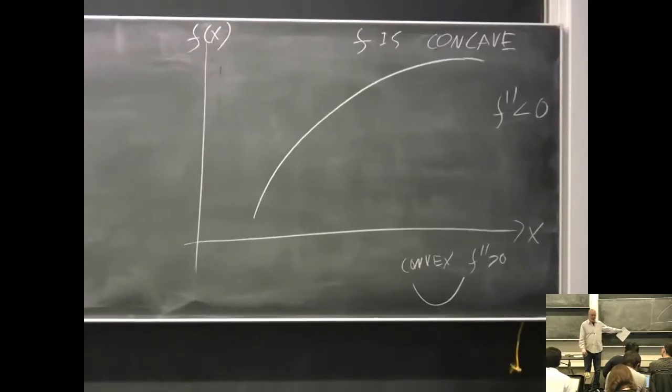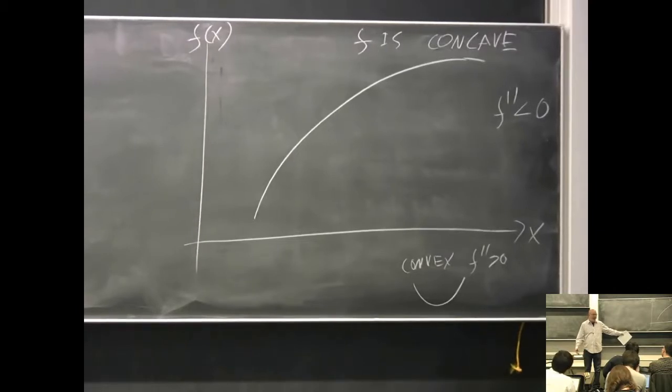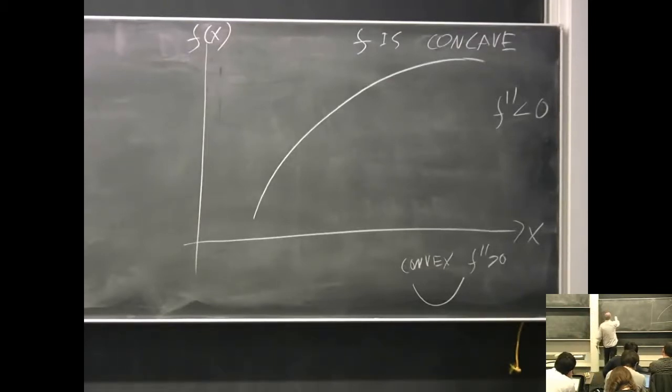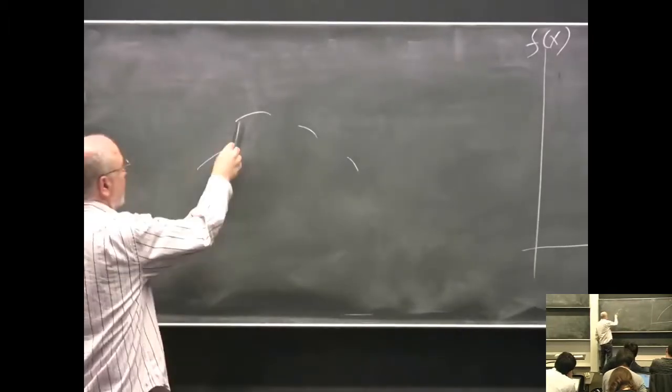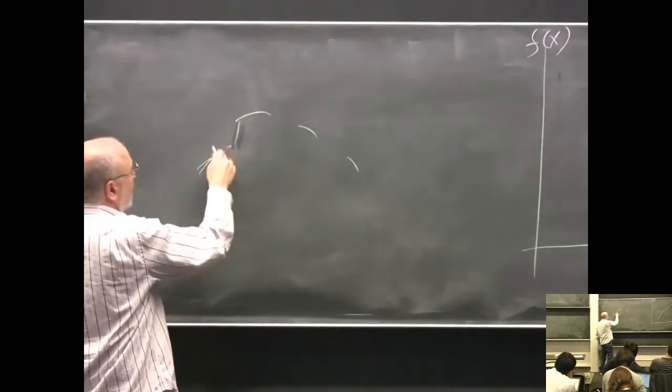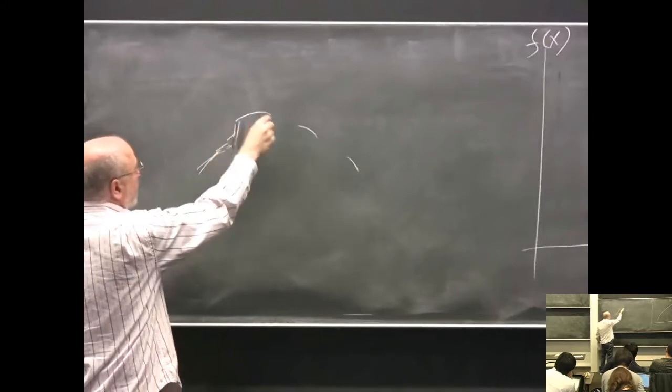The definition that talks about the second derivative implies that the function is twice differentiable. But you can generalize convexity and concavity to functions that are not differentiable. For example, you can say that this function is concave in some sense, even though it might have some big jumps.